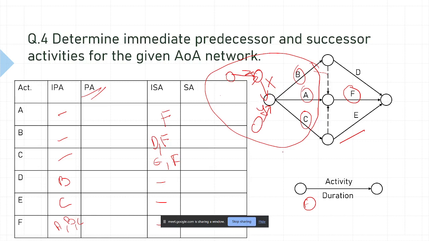Similarly, you can do it for succeeding activities also.